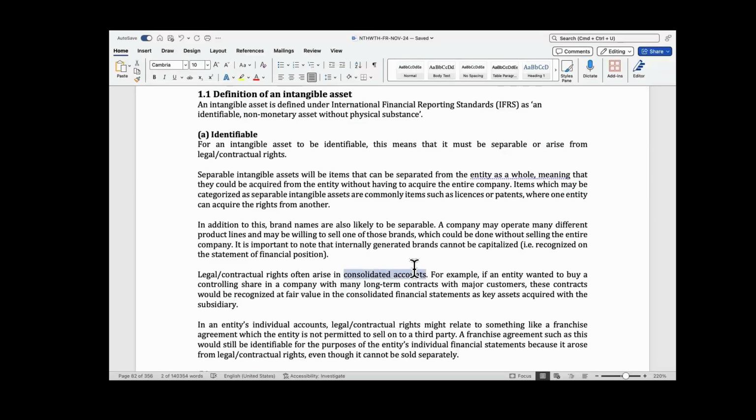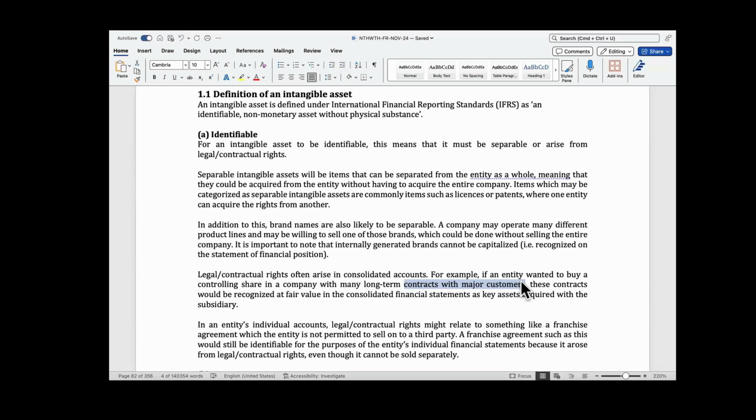Another one you would find majorly in a consolidated account is where companies, either a subsidiary or a parent, let's say a subsidiary, have a lot of contracts with major customers. If I'm the parent and I acquire that kind of company that has many deals with a lot of customers that they have not executed, for me, that's an asset.